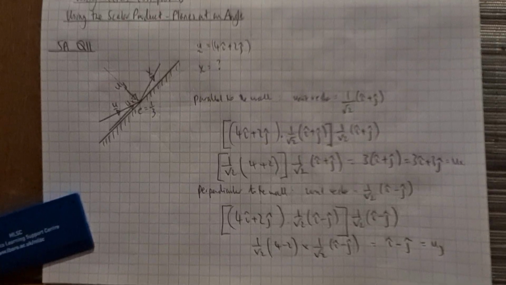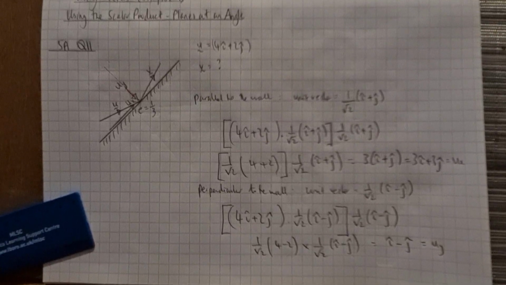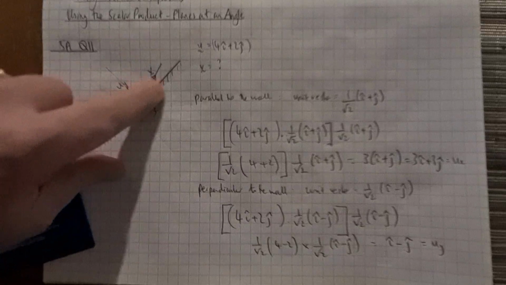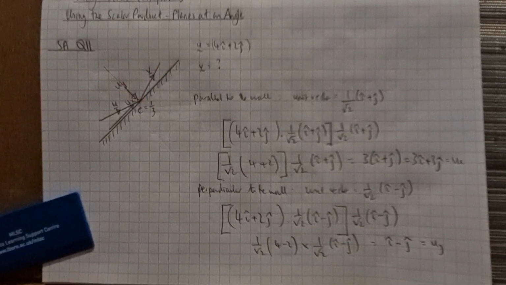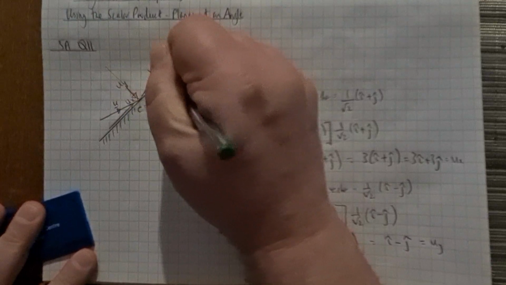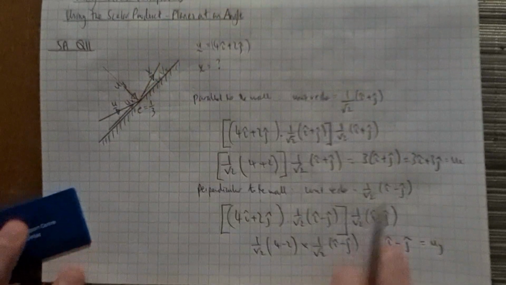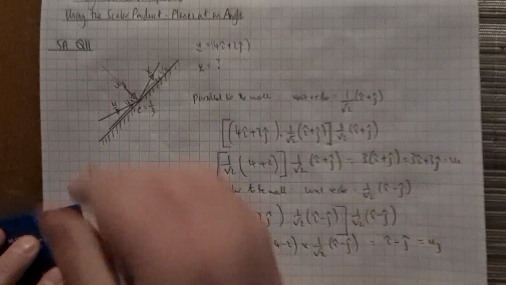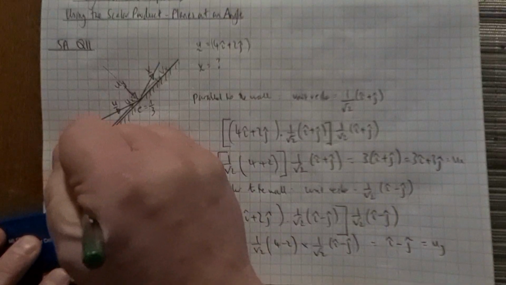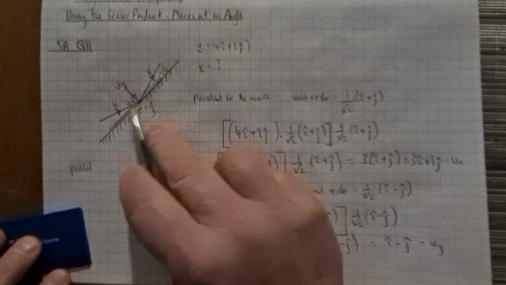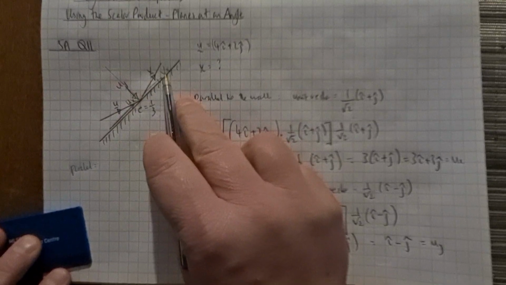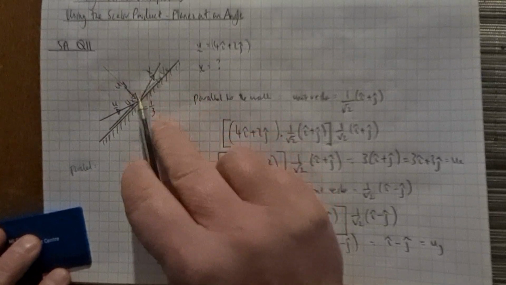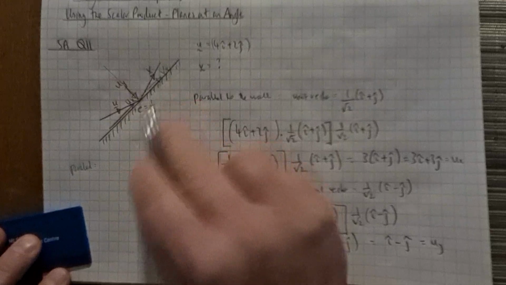Now we can work out what our actual components of v are going to be. If I go over to green now, vx is simply going to equal the same thing. Parallel to the wall, the velocity before is going to equal the velocity after, because the impact is perpendicular to the plane.